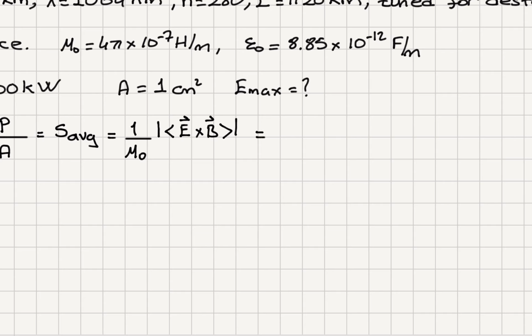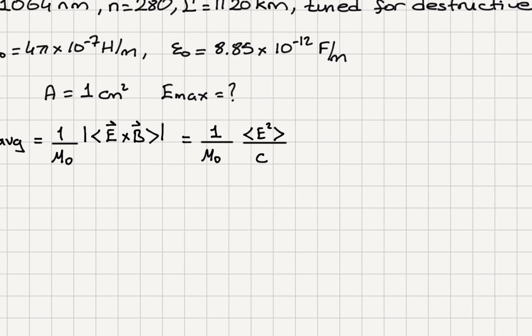So we can write this as 1 over mu 0 average value of the electric field squared, divided by the speed of light c. Why? Because we know that when the electromagnetic field propagates, the electric field component is magnetic field component times the speed of light.